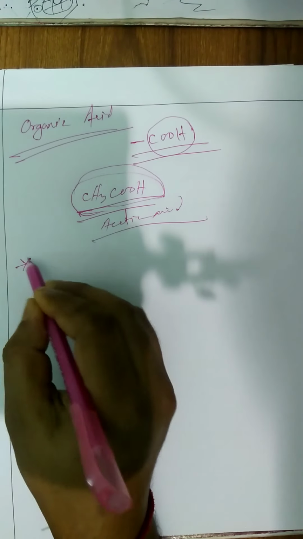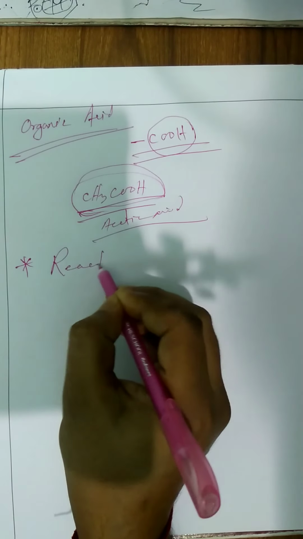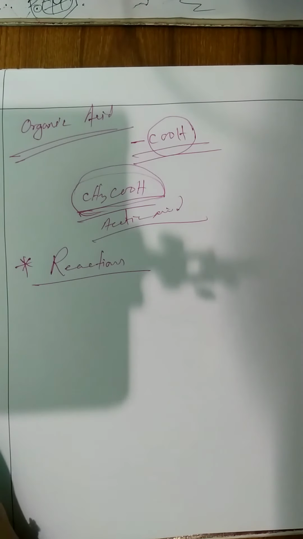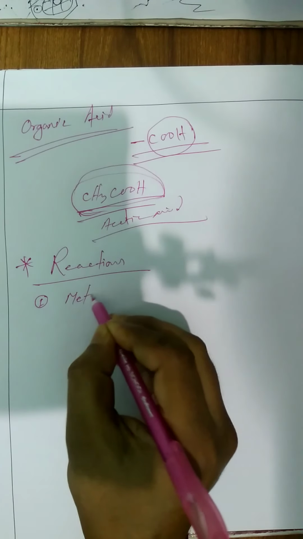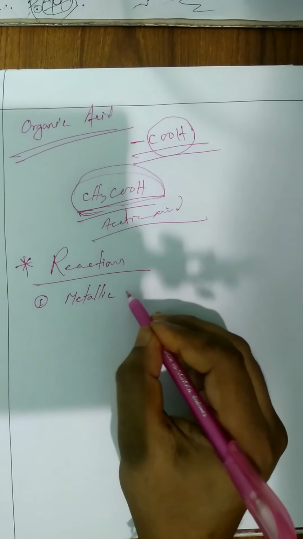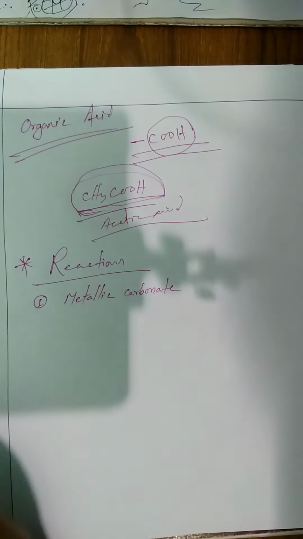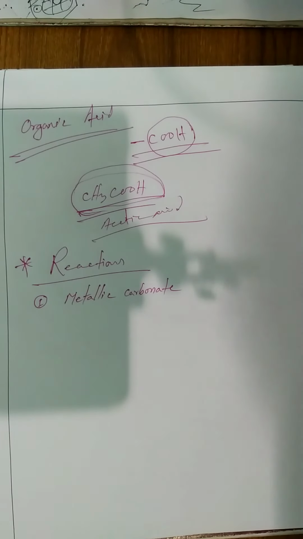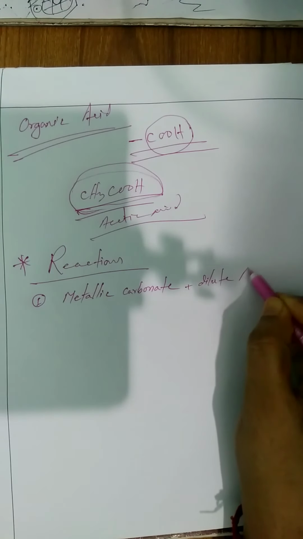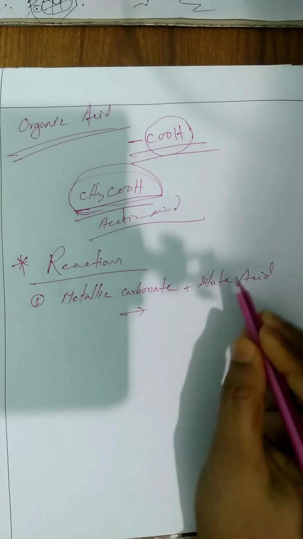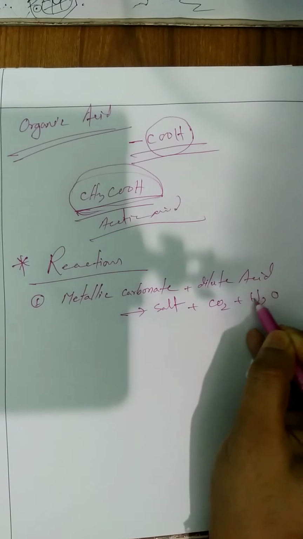Next, some important reactions. First rule: metallic carbonate plus dilute acid gives salt plus CO2 plus H2O.